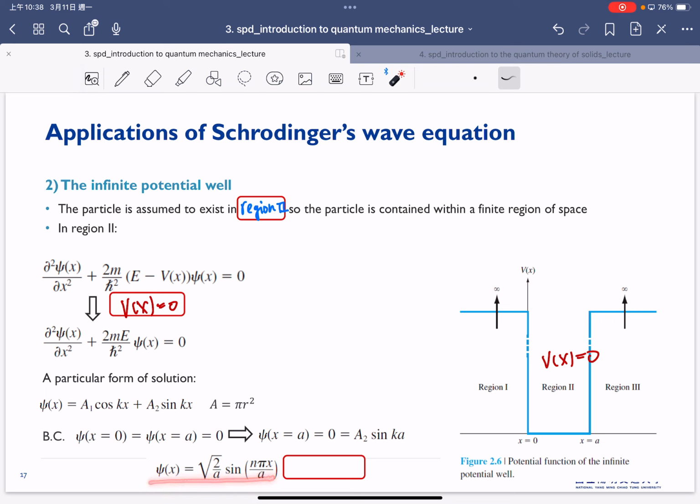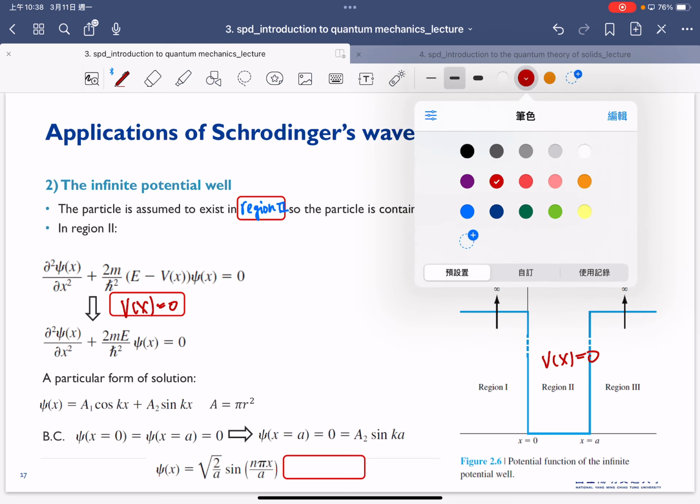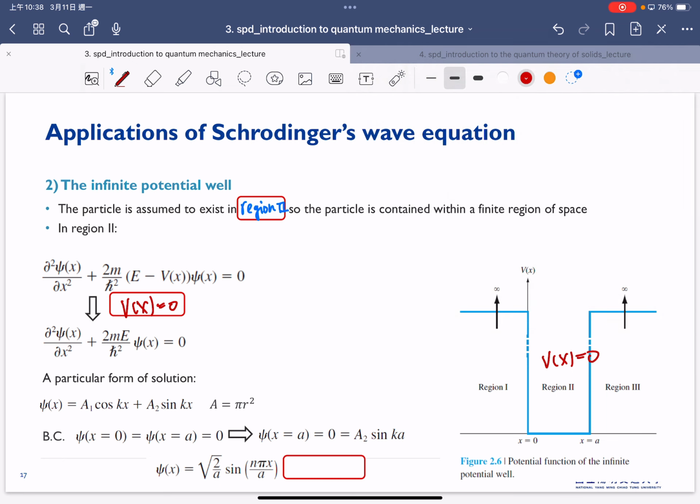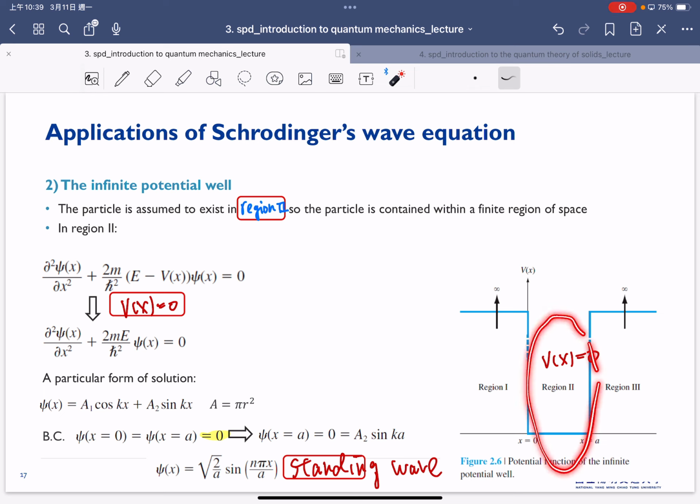And this is exactly the same one that we learned from the past. This is what we call a standing wave. So this is an equation for the standing wave. That means if you have an infinite potential well, actually you will have the standing wave inside this region.